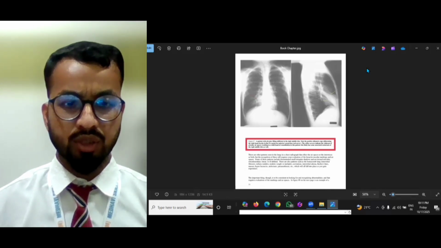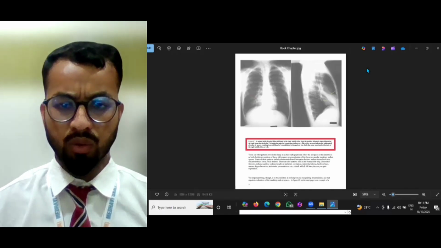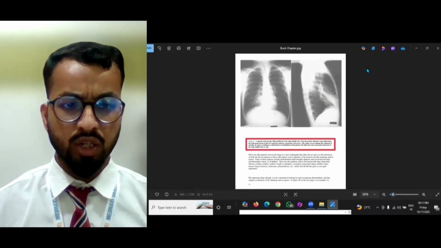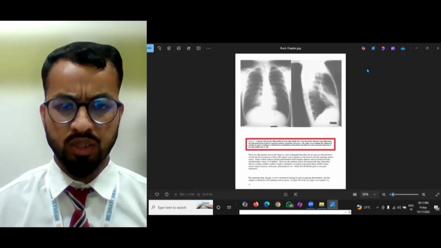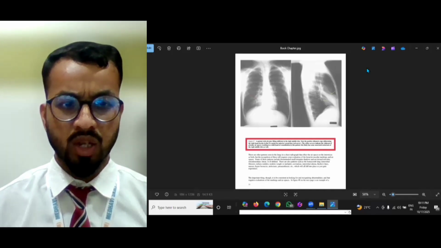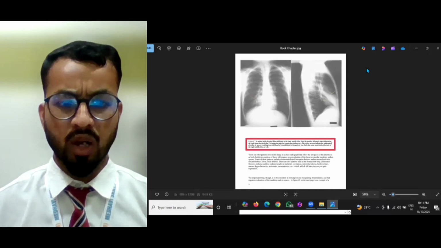The yellow arrow indicates the air space opacity, reducing a slight band of consolidation in the patient who luckily had some associated metastasis of the right middle lobe as well.